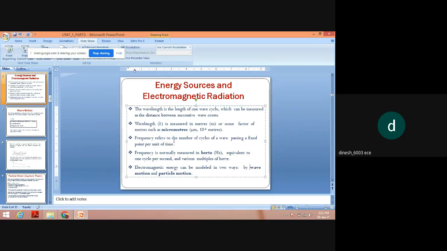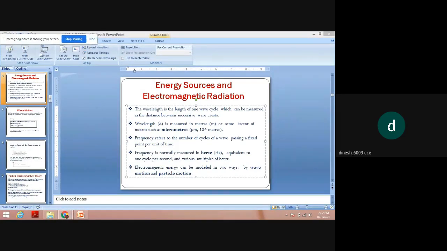So let us see the wave motion and particle motion that is used in remote sensing. All these basics you would have studied. Still we need to have a glimpse of that.